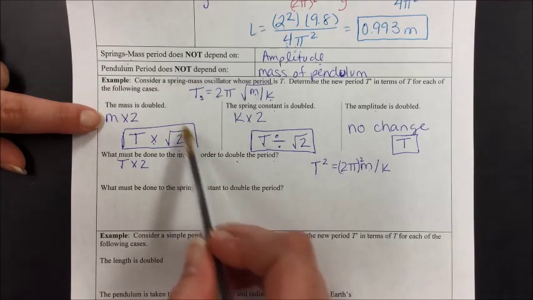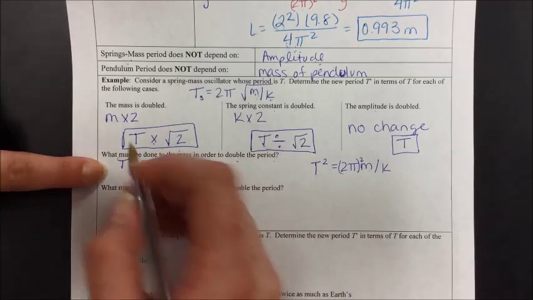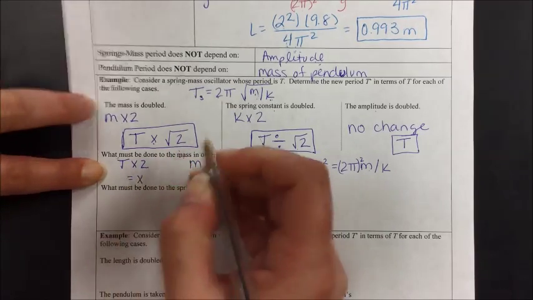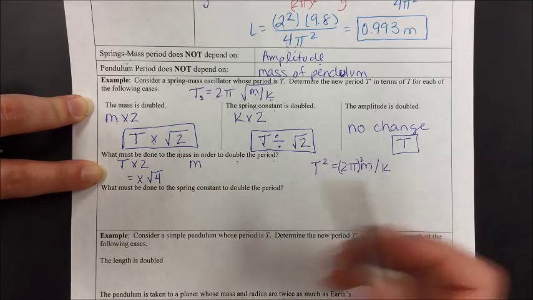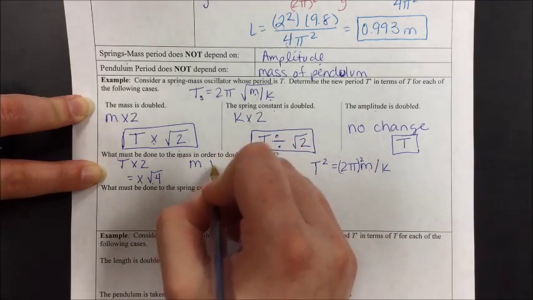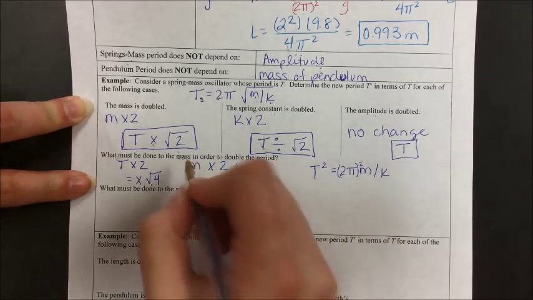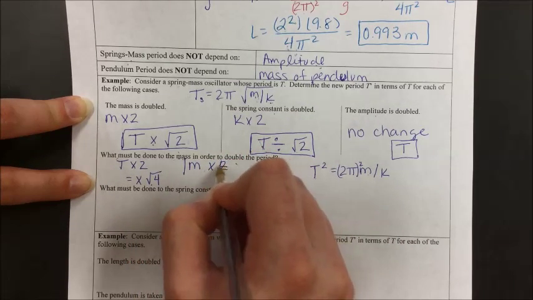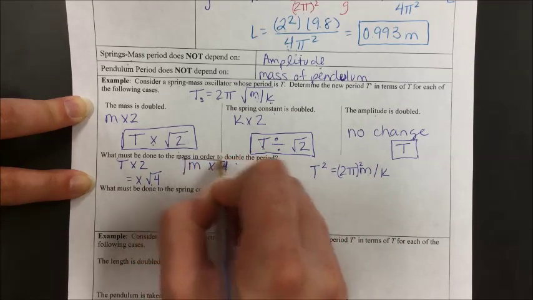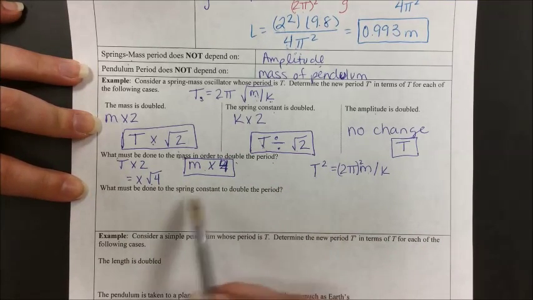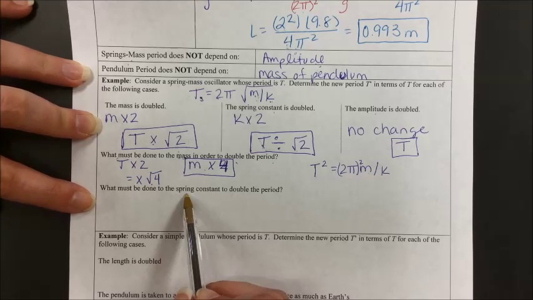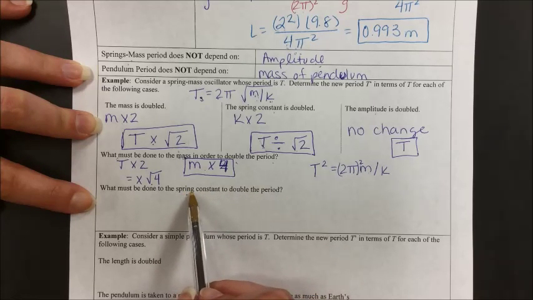So in order to double this, I need the square root of 4. So times the square root of 4, and the square root of 4 is going to be multiplying by 4. And we can do the same thing with the spring constant.